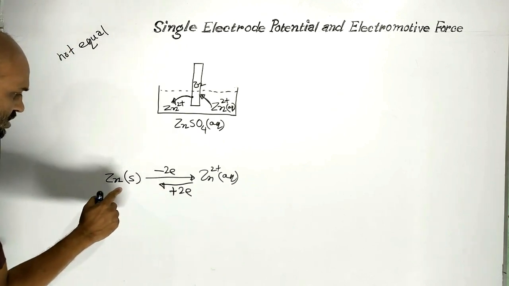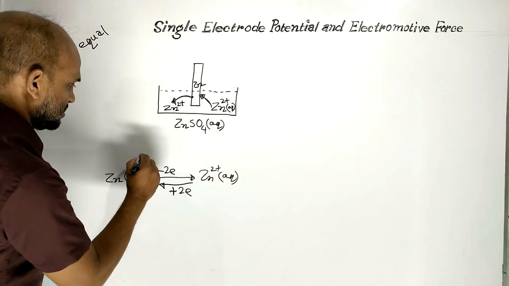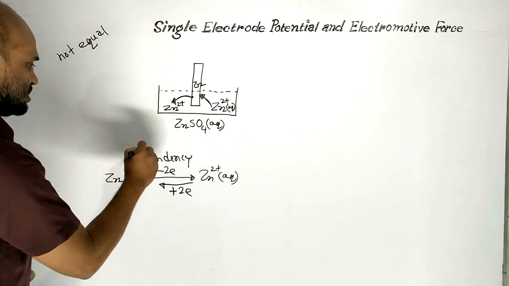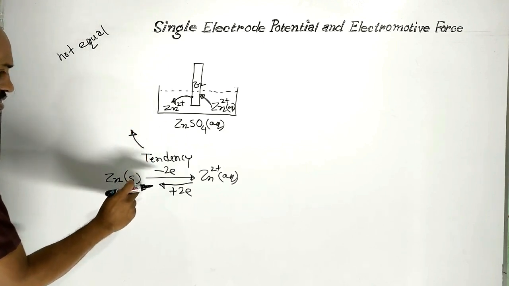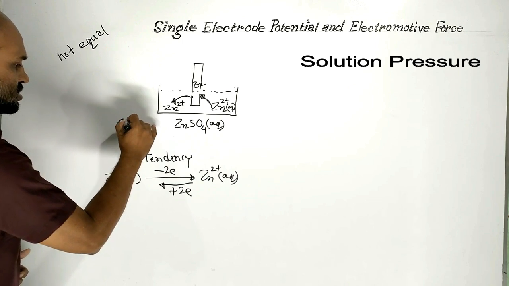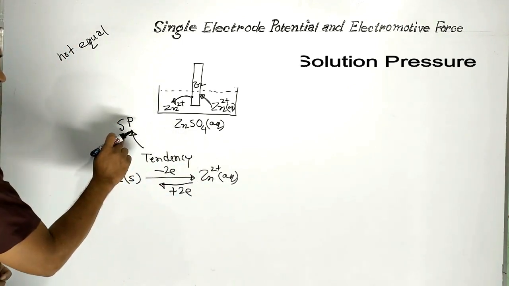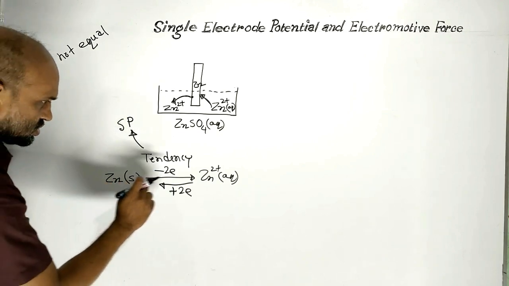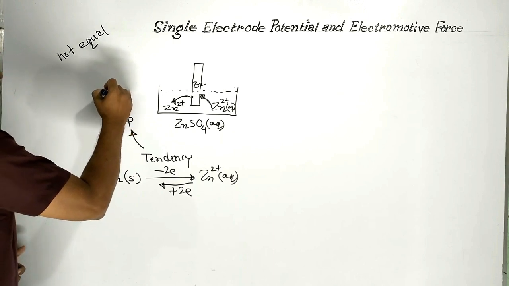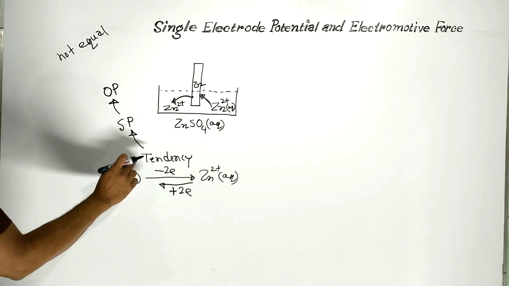Here, the tendency of zinc atom to form zinc 2 plus ion is known as solution pressure. Here, this is oxidation. So, we can say that this is oxidation potential.